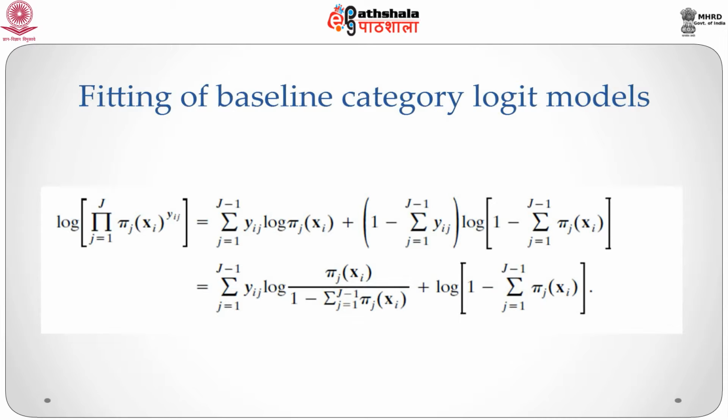Here yij is equal to 1 if the response i is in category j and yij is equal to 0 otherwise. Then summation over j of yij is equal to 1. Let xi equal to xi1 to xip denote the corresponding explanatory variables, and let beta j equal to beta j1 to beta jp denote the parameters for the jth logit.